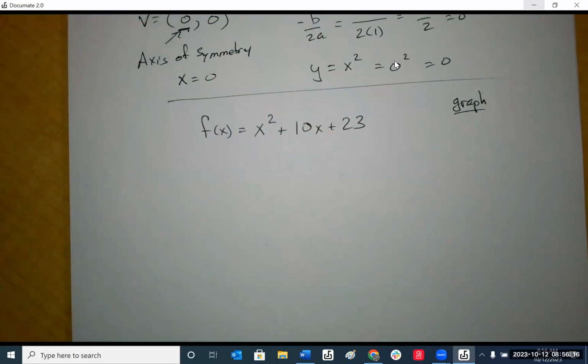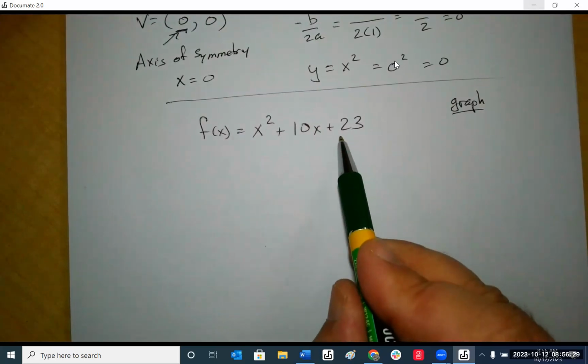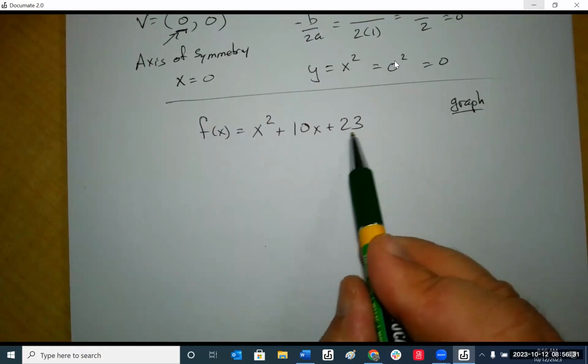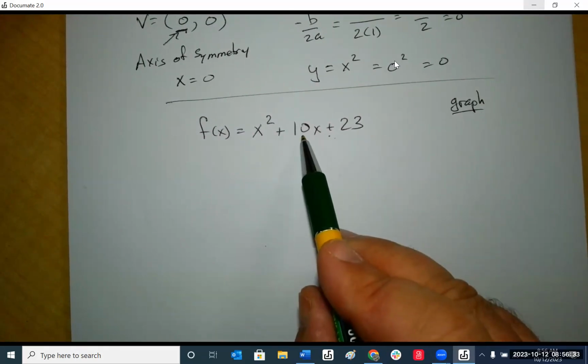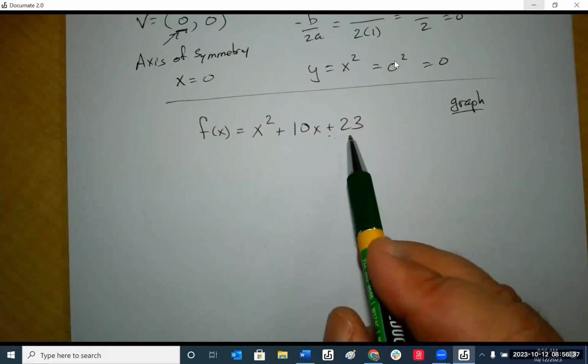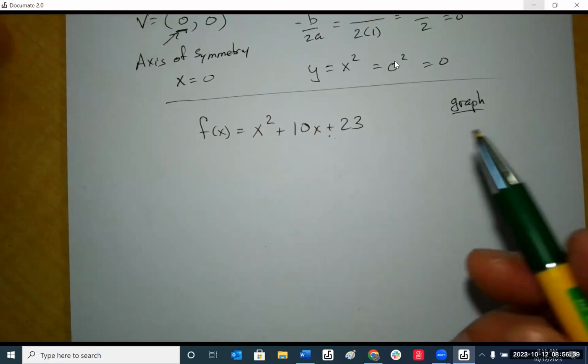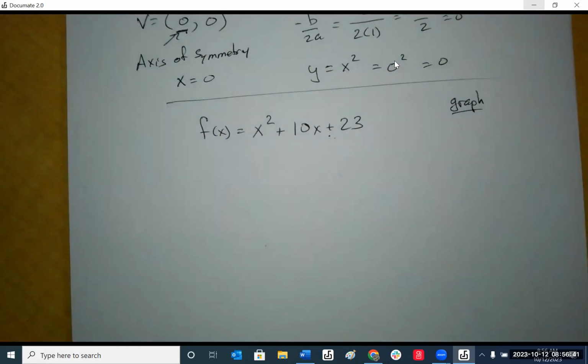Graph this. Okay, first off, we know we can't factor this one. How do we know we can't factor this one? Give me two numbers that multiplied equal 23 that when we add them, you get 10. 23 is a prime number, so we can't factor that.